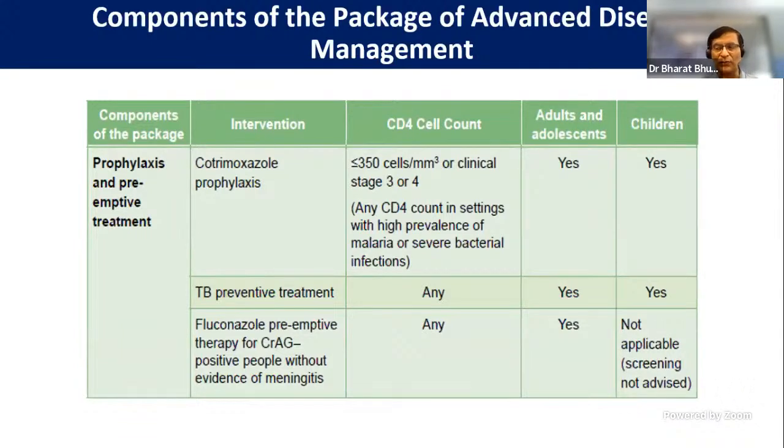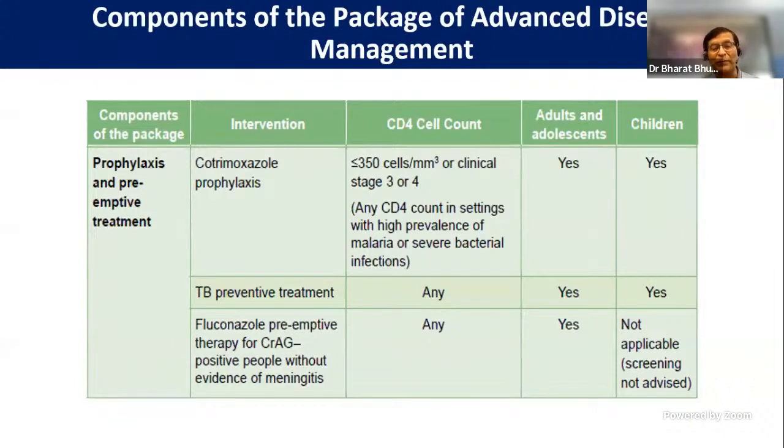Similarly, if you have excluded tuberculosis using the 4 symptom screen, X-ray or urine LAM, then TB preventive therapy is to be provided. Presently, the program provides INH therapy, but we are moving away from INH to a weekly therapy, basically with INH and rifampicin. This is also to be provided at any CD4 count once we have ruled out tuberculosis.